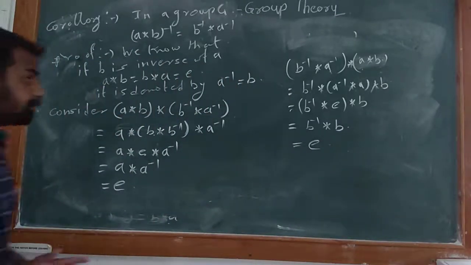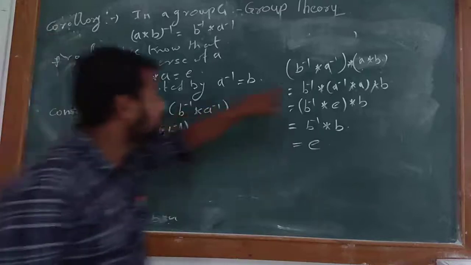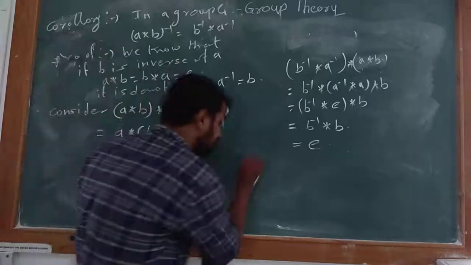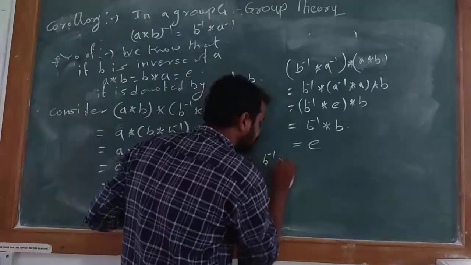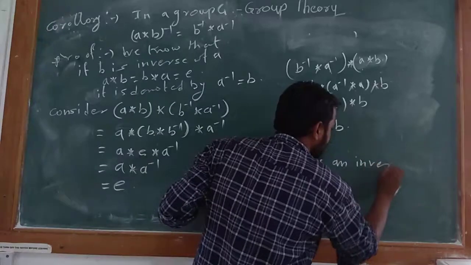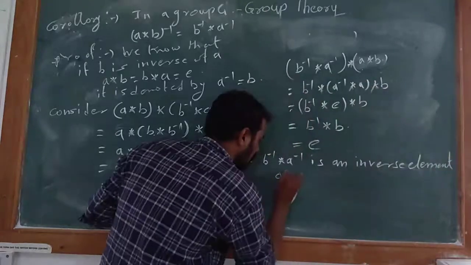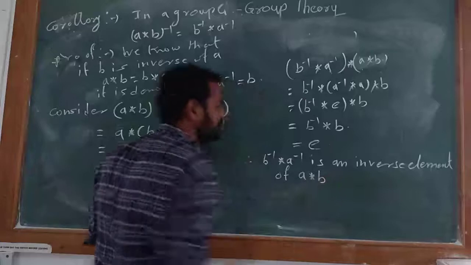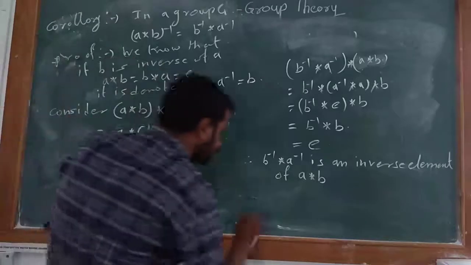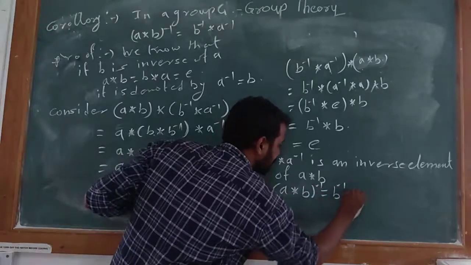Therefore, we know that by property 4, if A star B is equal to B star A is equal to identity, then B is an inverse of A. Therefore here B inverse star A inverse is an inverse element of A star B. Therefore it is denoted by A star B, its inverse is equal to B inverse star A inverse.